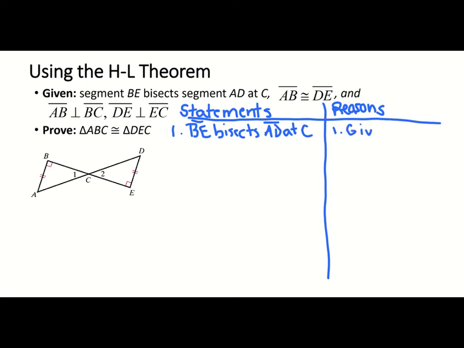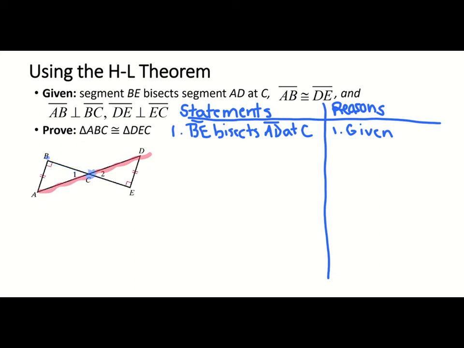All right. By now, I want you to be thinking, okay, that's our first given. What does it mean if we have a segment that bisects another segment at a point? So if we highlight here, segment BE, so this line right here, bisects AD at point C, so right here. And I'm going to erase that part because we don't really need it.